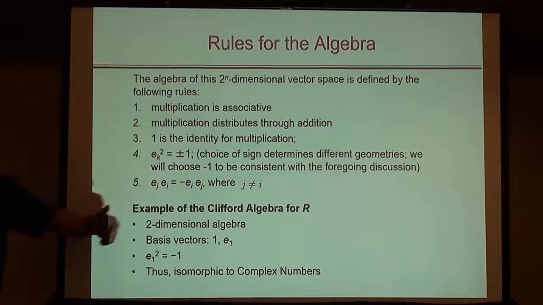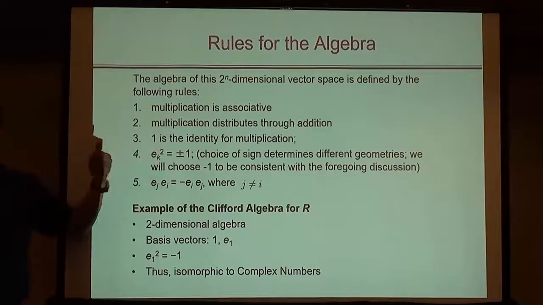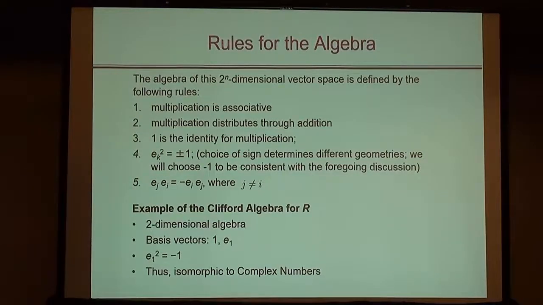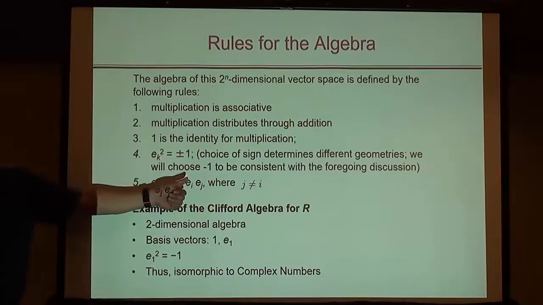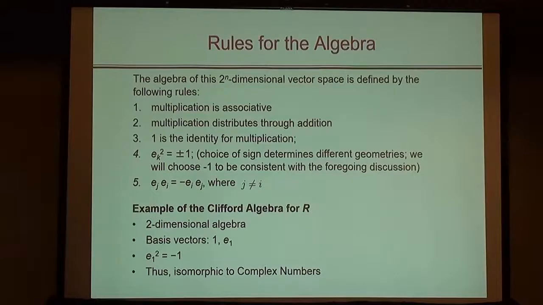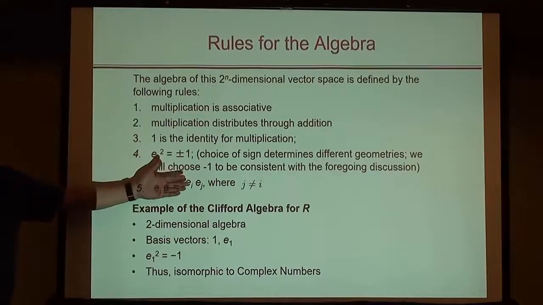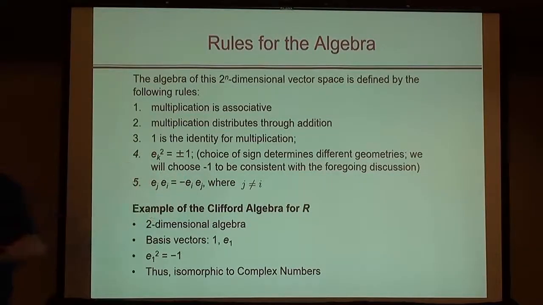If it's negative, you will get a quaternion algebra. If it's positive, you get something called a double algebra. So there's another thing that actually works. If it's equal to 0, it actually also works. That will give you another algebra. There are interpretations of all this stuff.